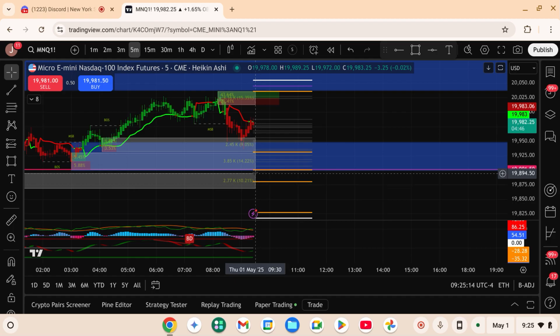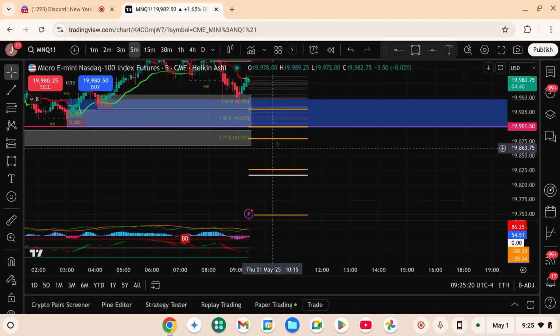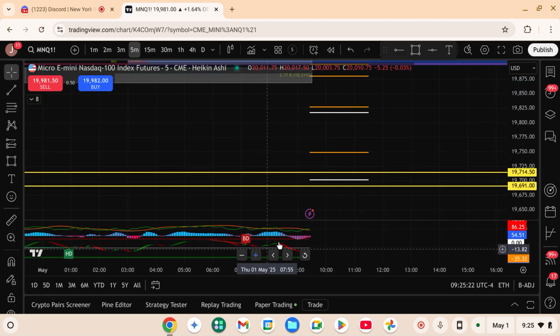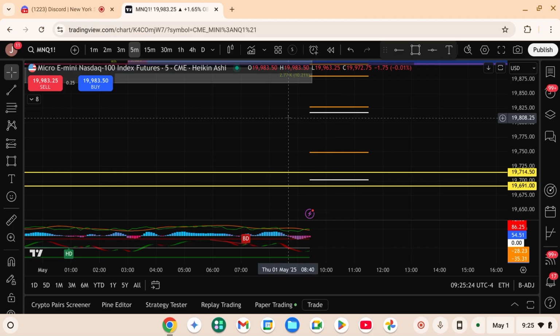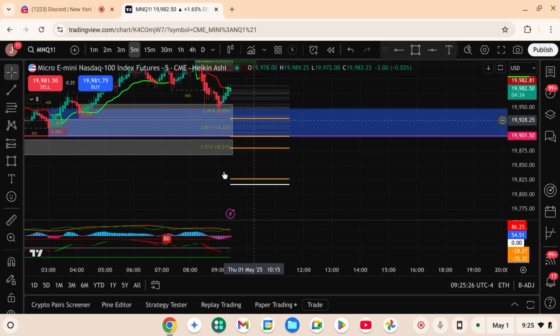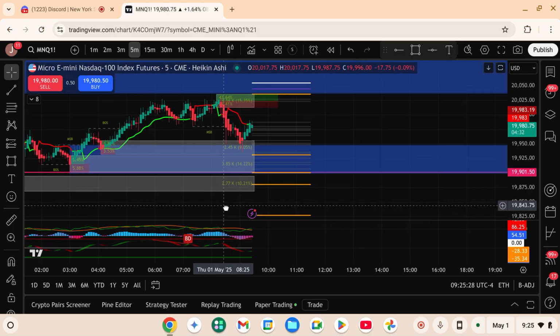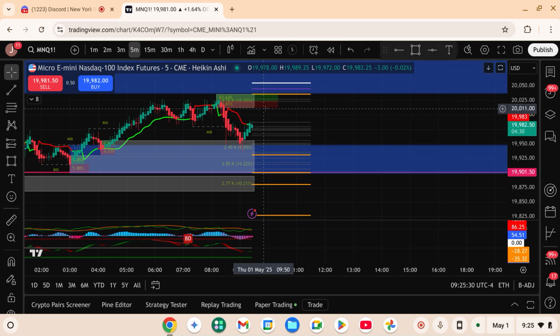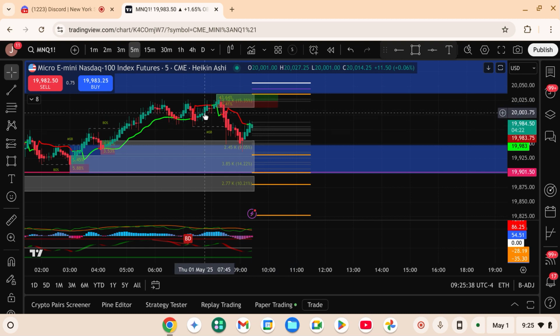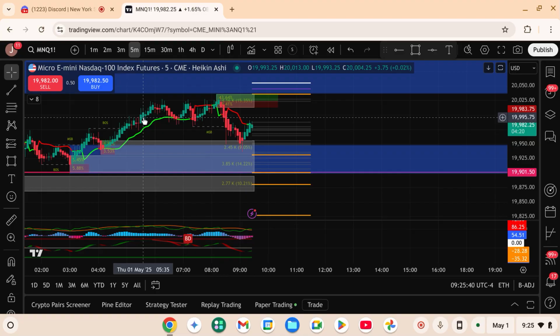Now, if it were to break through this and just keep continuing to break through here, that's when it's safe to take sales, targeting this area. So just keep that in mind whenever you got your higher time frame levels drawn up. Smaller time frames do matter too. All time frames actually matter in some way or another, depending on which time frame you're using to trade.